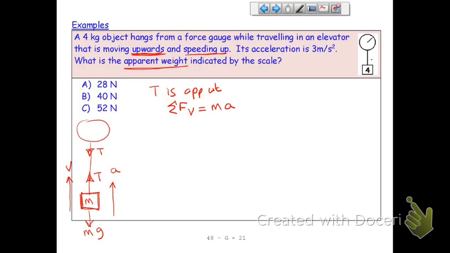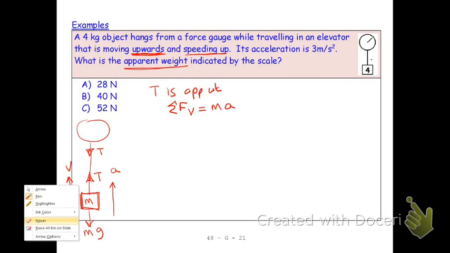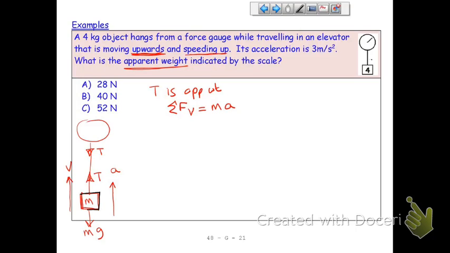That's the guy I'm looking at. Let's change coloured pen so you can see that a bit easier. I'm going to look here. And that is 4 kilograms. So I say positive, negative.